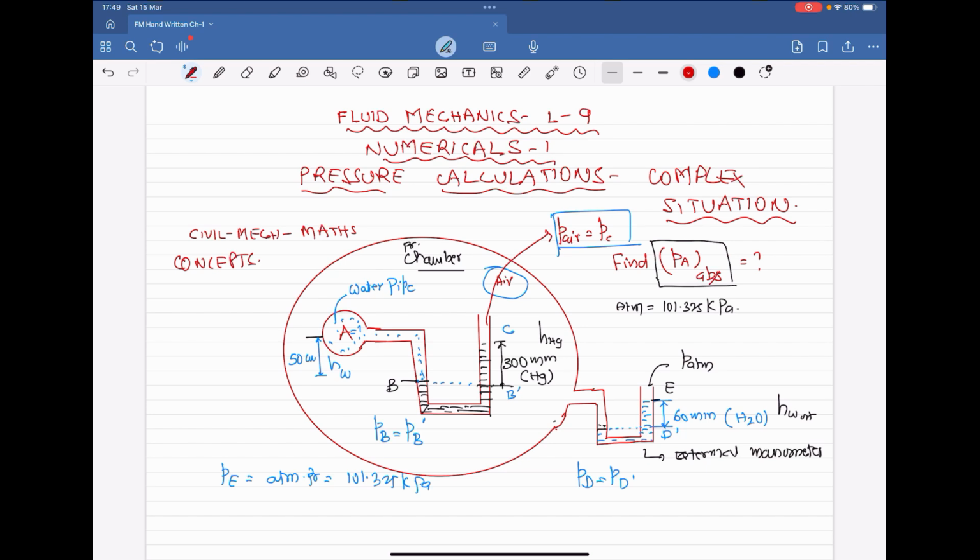This pipeline and this mercury manometer are kept under pressure inside a closed chamber. They are not open to the atmosphere. They are put inside a chamber which contains air under pressure.